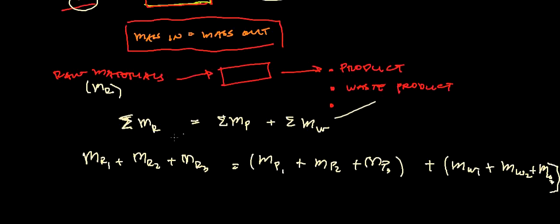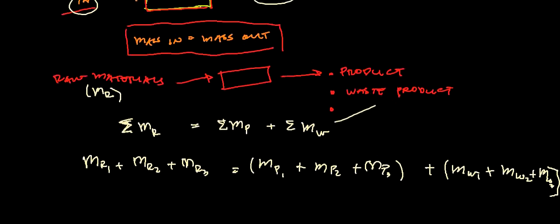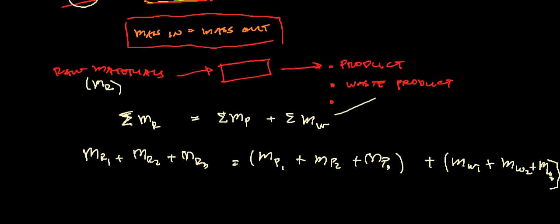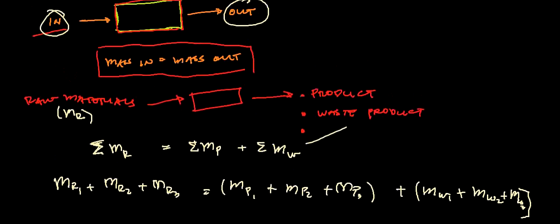Whichever might be the situation, as long as you follow the basic principle of the conservation of mass, which is what goes in must be equal to the mass going out, then you can denote your materials going in, either 3 or more or 1, as well as your output, such as your product and your waste product.